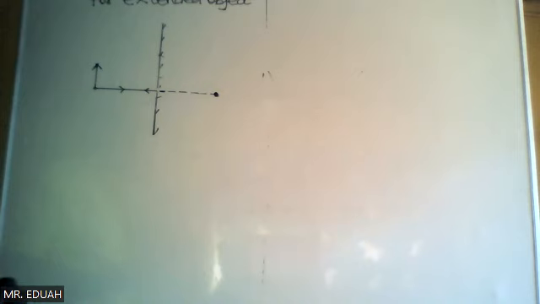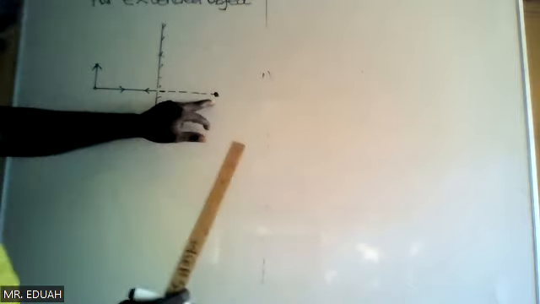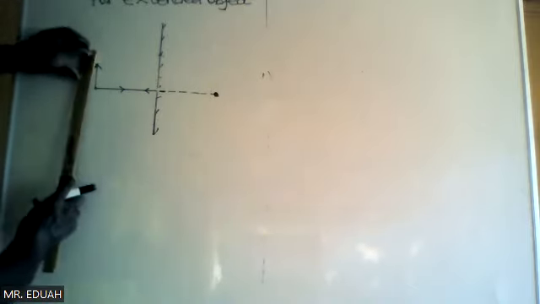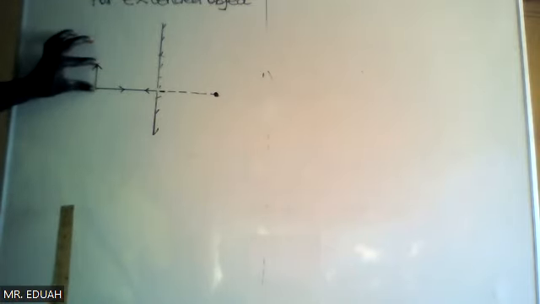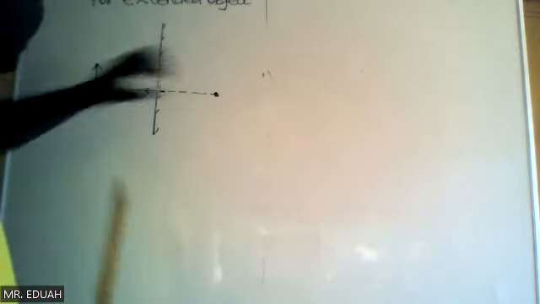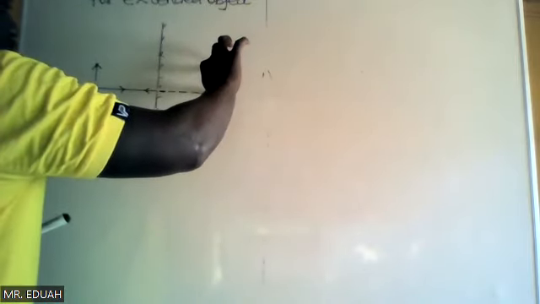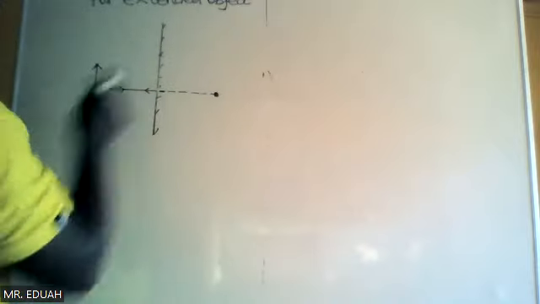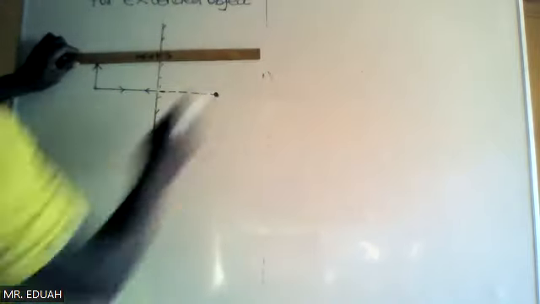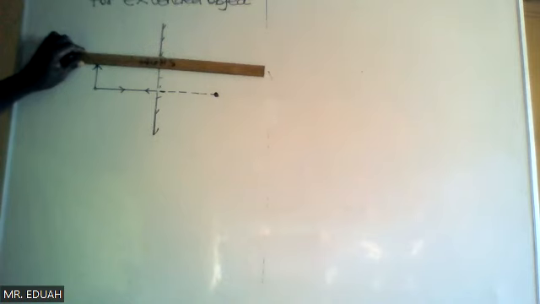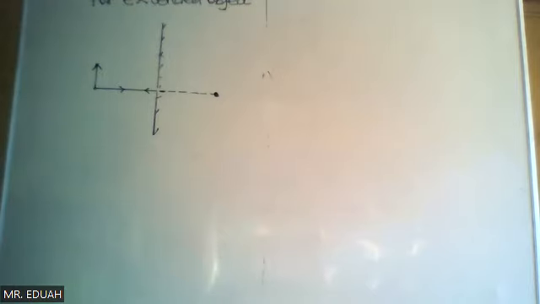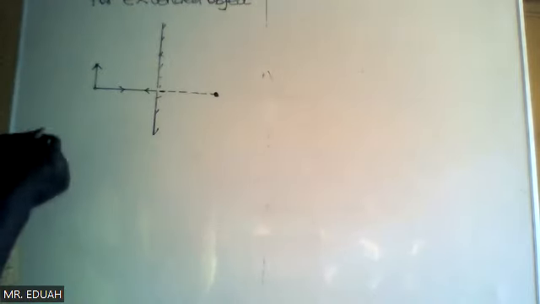We need the position of the head. Now, if this is the head, object height equals image height. It doesn't change. So if the object height is this, the image height will also be that. Or take a ray of light, but if you are going to use this, then you must get the object height.